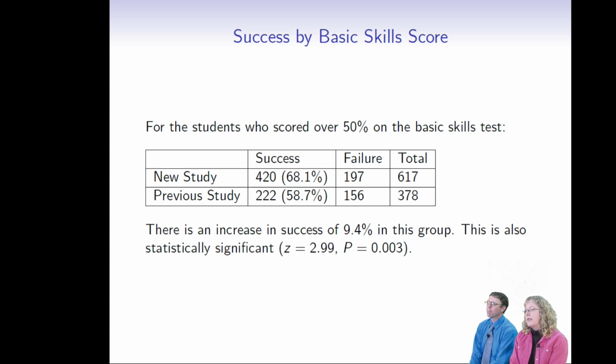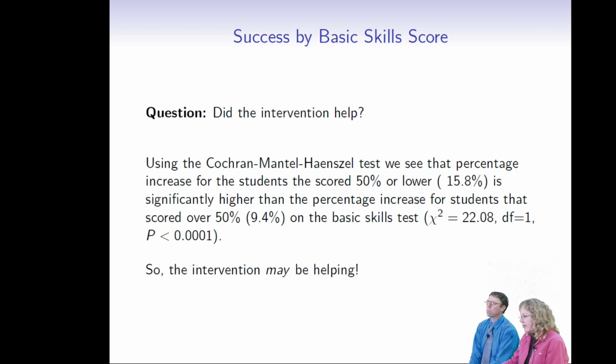So we see an increase in success of about 16% for the students who scored less than 50% on the basic skills, and 9.4% for the students who scored over 50%. So the question is, is there a difference in those? I mean, is that really significant? And the answer is yes. We used a certain statistical test, and basically that is significant.